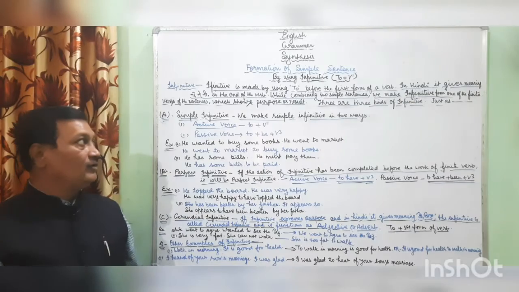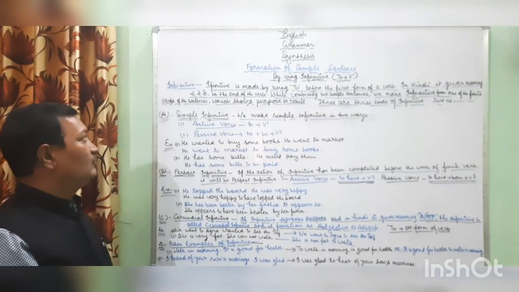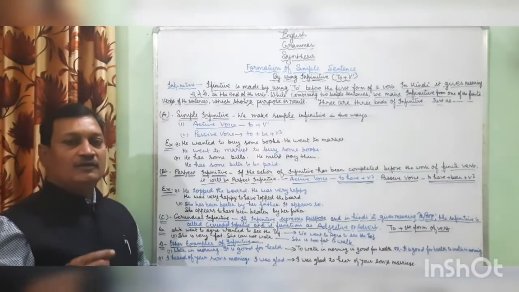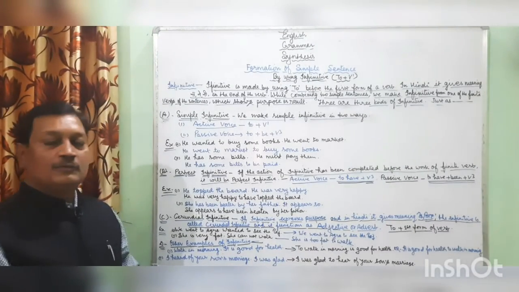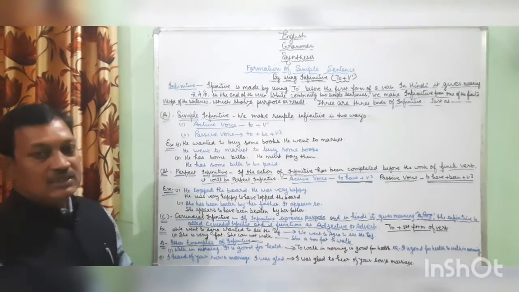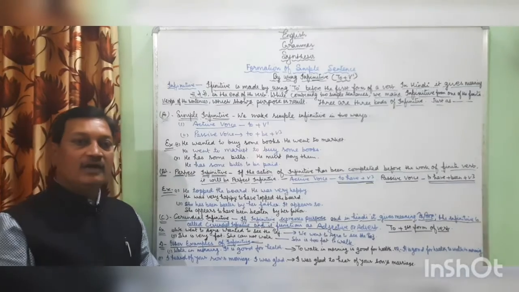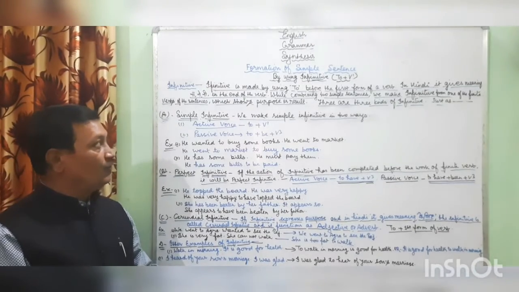of a verb. Let's see what is infinitive. Infinitive is made by using to before the first form of a verb. In Hindi, it gives meaning na ne ni in the end of the verb.